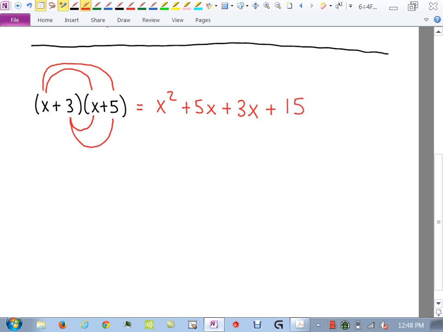Yes? Then I would collect my like terms together. My 2 like terms are here, aren't they? We add 5 x's to 3 x's to create how many x's? 8. So we get x squared plus 8x plus 15.